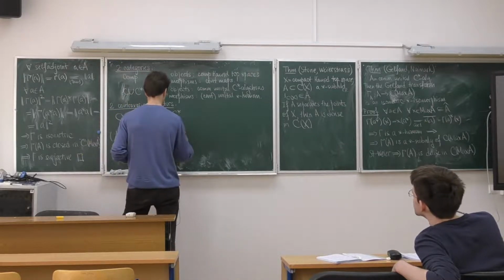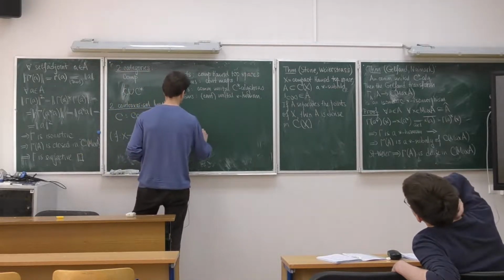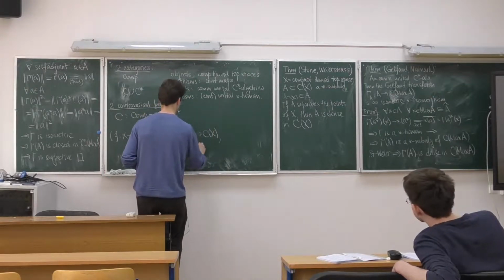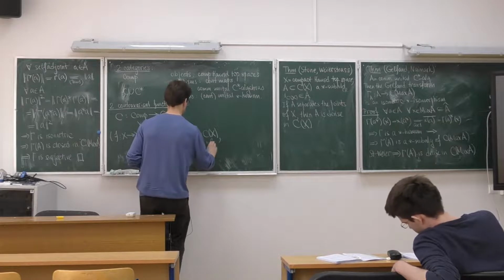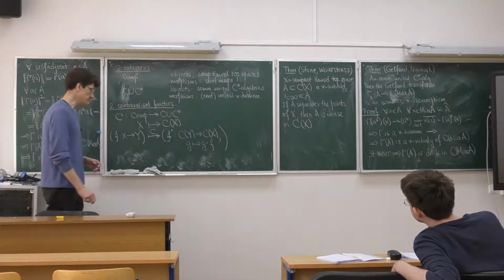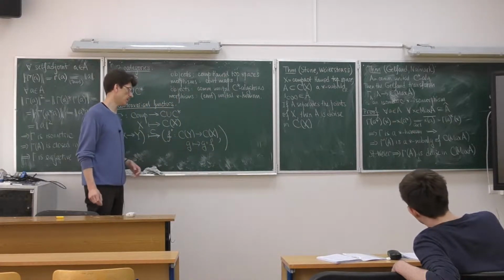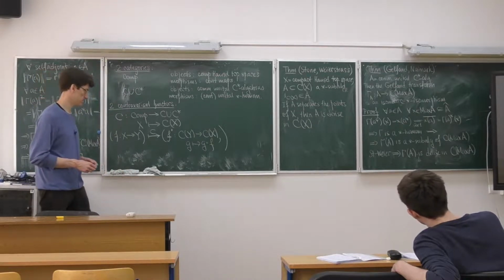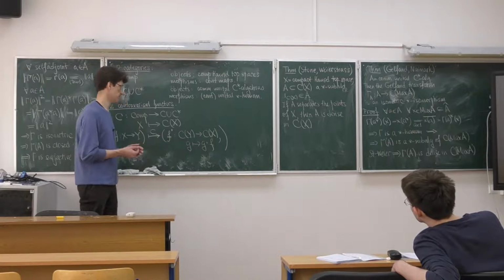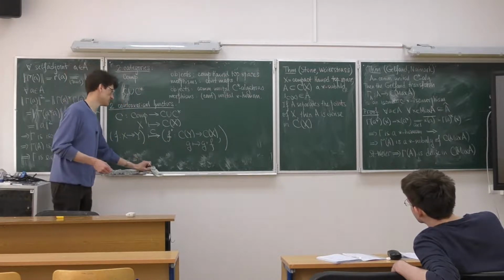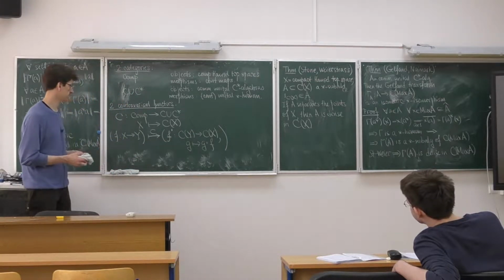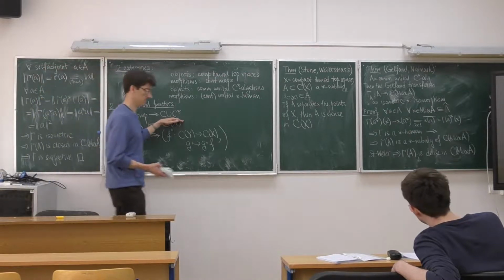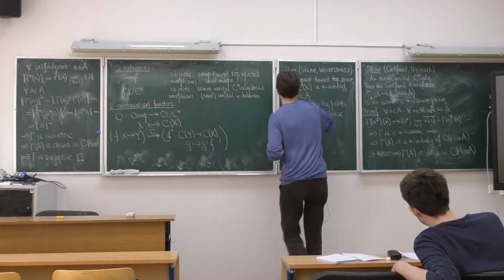It acts from C of y to C of x by the following formula. So if g is a continuous function on y, then g composed with f will be a continuous function on x. And this rule defines a unital star homomorphism from C of y to C of x. So we get a contravariant functor from this category to this category.